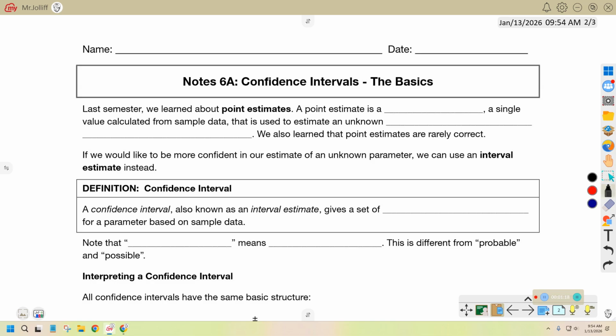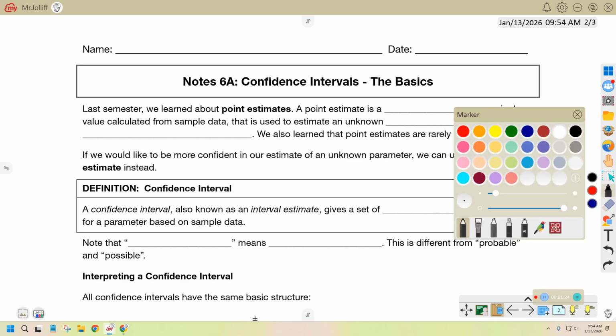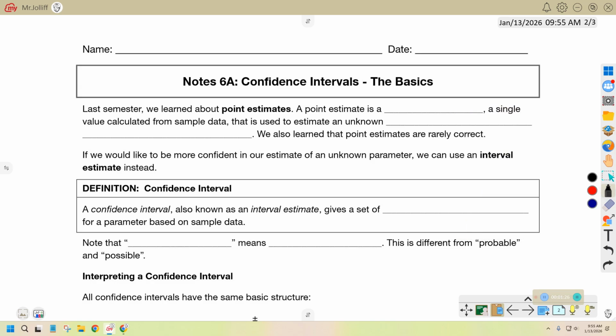Okay, so when I saw you in December, we learned about point estimates. I'm hoping that sounds familiar. Yes. A point estimate is a statistic, a sample value. We did examples of sample means.